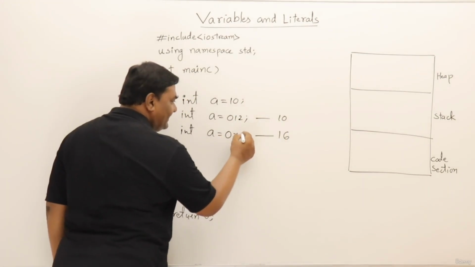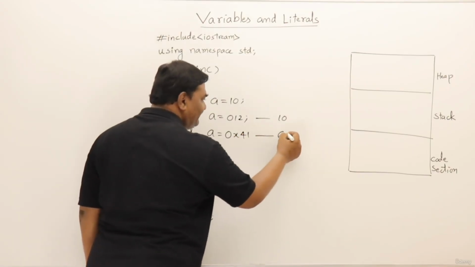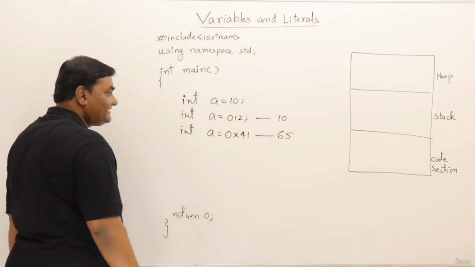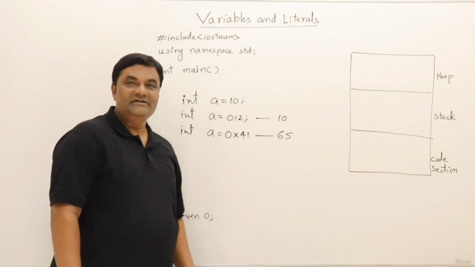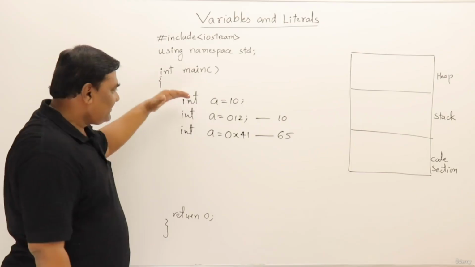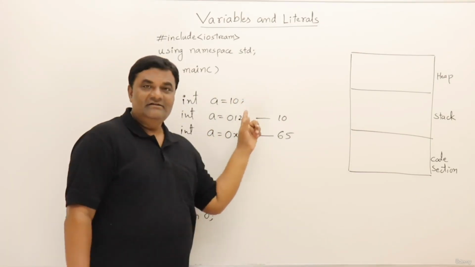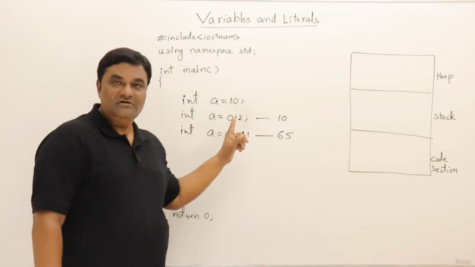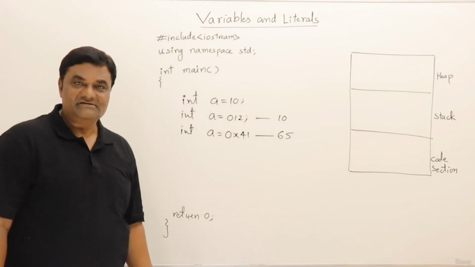Instead of 10 here, if I write 41, then this is 65 in hexadecimal form. Hexadecimal 0x41 is 65 in decimal form. So for integer type variables, we can assign a literal in a decimal number system or octal number system as well as hexadecimal number system.